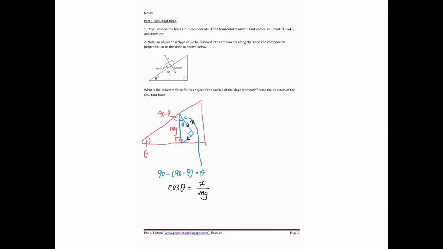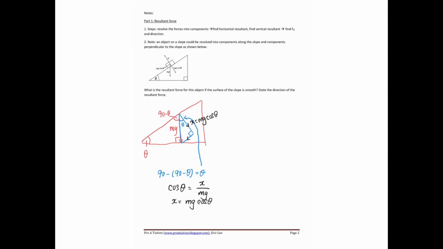At the end, you bring the mg over, you get mg cos theta. So that's why the perpendicular component, as you can see in the note here, is mg cos theta.